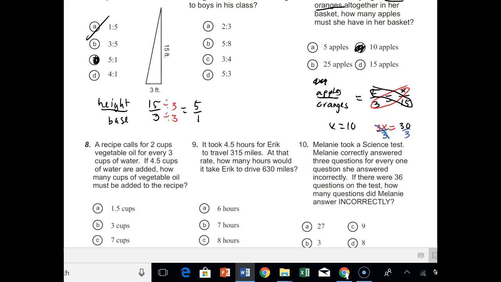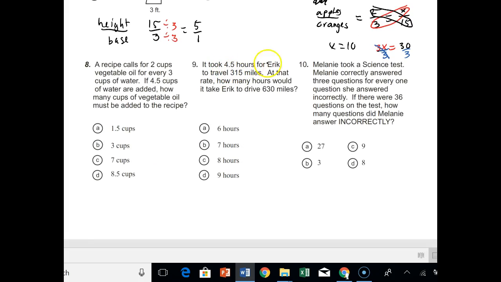Let's go down to number 9. It took 4.5 hours for Eric to travel 315 miles. At that rate, how many hours would it take him to do 630 miles? So we're doing hours and miles again. So we have 4.5 over 315 is equal to, they give 630 miles, so miles goes on bottom, and X right there. So we're going to get 315x equals, and then we're going to do 4.5 times 630, 2,835.